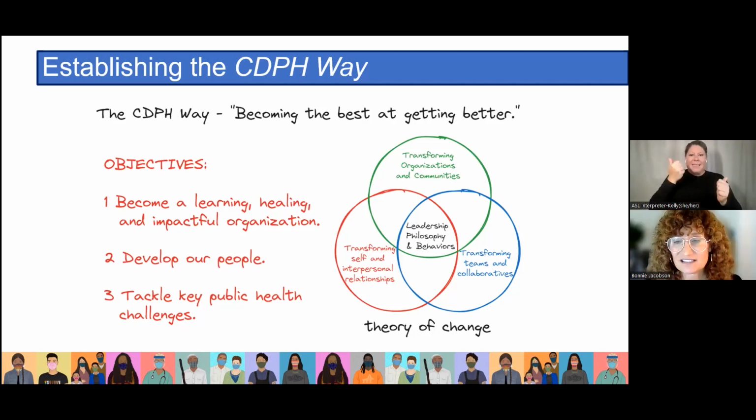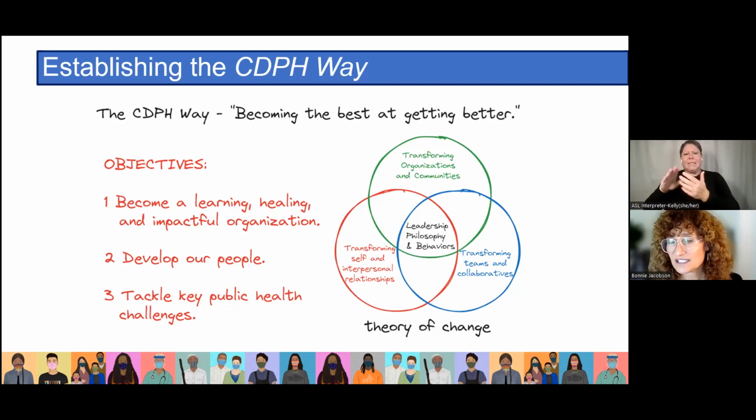And you can see on this slide another communication device that we use with CDPH to help the people who work there, and there are about 4,500 folks who work at CDPH, understand what it really means to become the best at getting better. It means addressing these three key objectives: becoming a learning, healing, impactful organization, developing our people. And those of us who work in lean know that developing people is integral to lean. We're always working on developing others. And then tackling the key public health challenges.